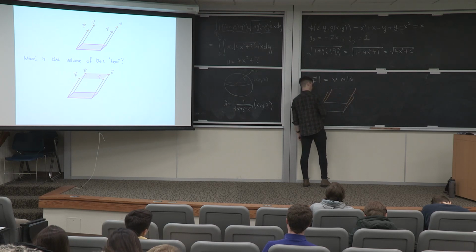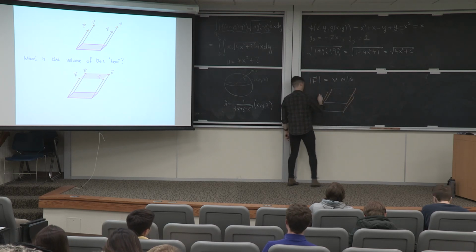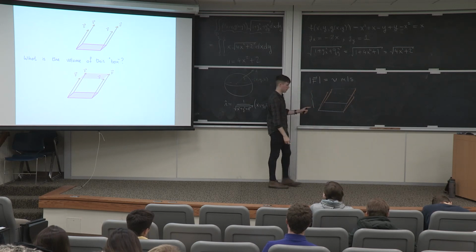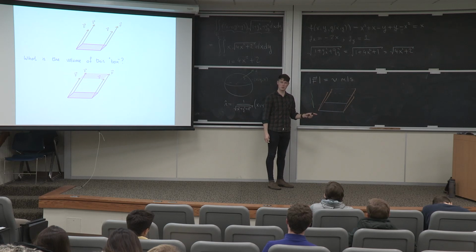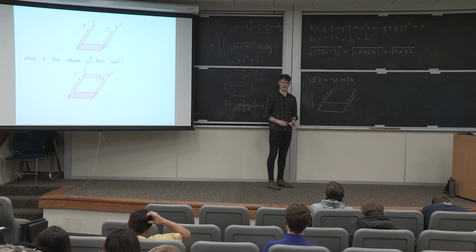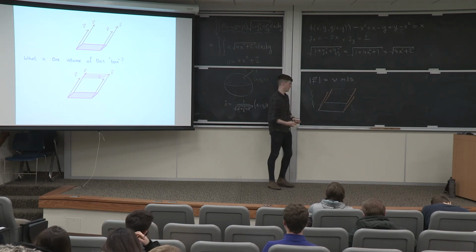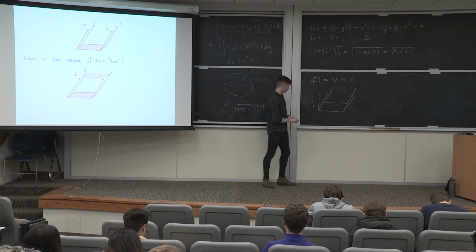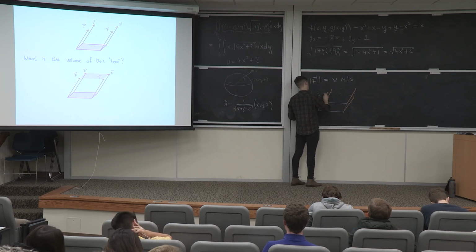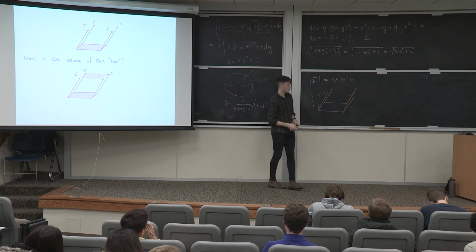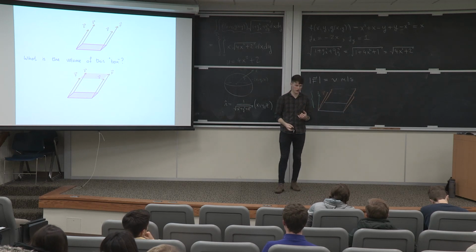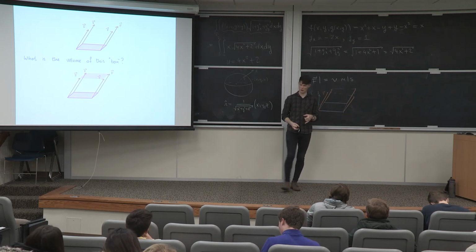We want to figure out what this height is, so we want to figure out how much f points in the direction perpendicular to the patch. What points perpendicular to the patch? n. So if we want to figure out how tall this box is, we find the component of f that points in the direction of a normal vector.